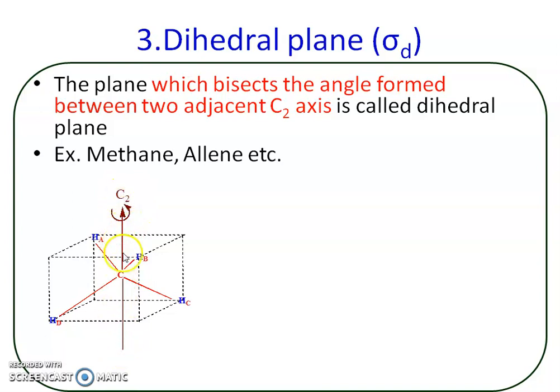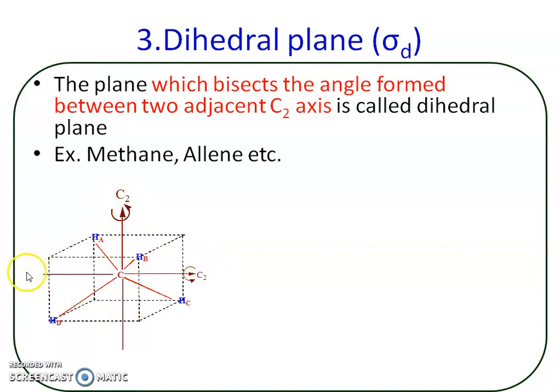Why? Because along this axis, when the molecule is rotated through 180 degrees, hydrogen A and hydrogen B exchange with each other, so A takes the position of B and B takes the position of A. At the same time, hydrogen C exchanges with hydrogen D. Their positions are exchanged, and the overall orientation of the molecule remains the same, and therefore this is a C2 axis.